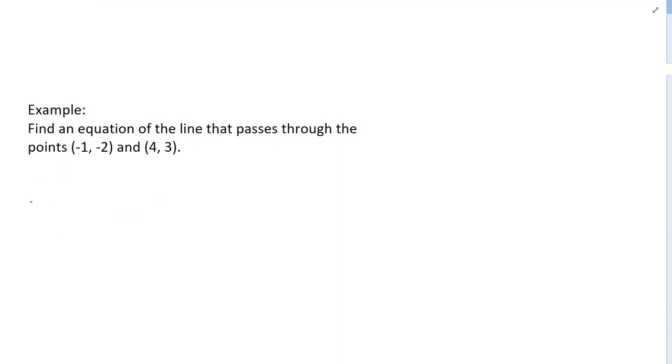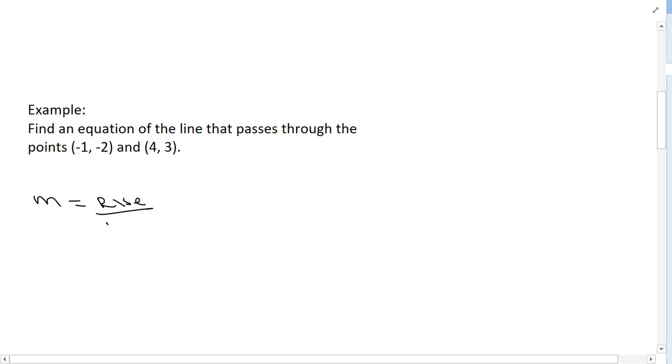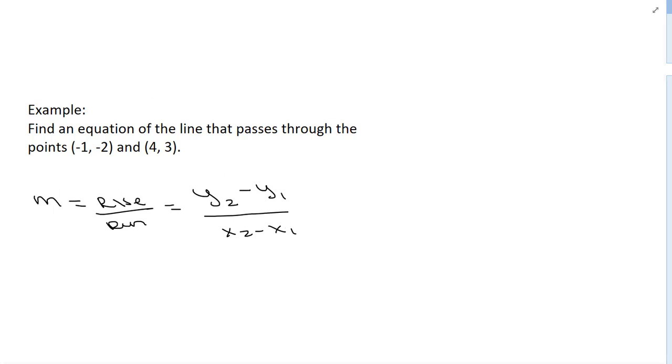To find the slope, we need to know the formula for the slope of a line. The slope is rise over run, or it's better to know the formula (y2 minus y1) over (x2 minus x1), the change in y over the change in x. It doesn't matter which point you start with as long as you're consistent.